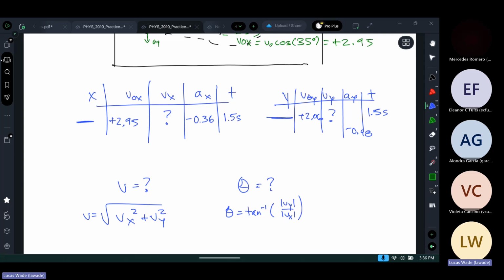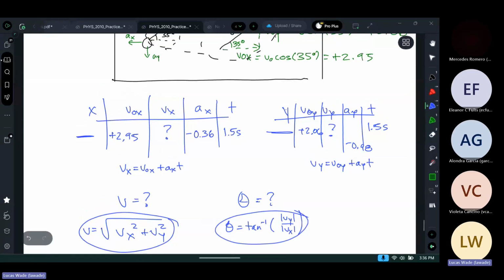Well, that's just two kinematics problems, one for x and one for y. The kinematic equation that will work best is Vx equals V0x plus AXT, and over here Vy equals V0y plus AYT. I'll use that to get a number for each, throw those numbers into here and here, and then I'm done.